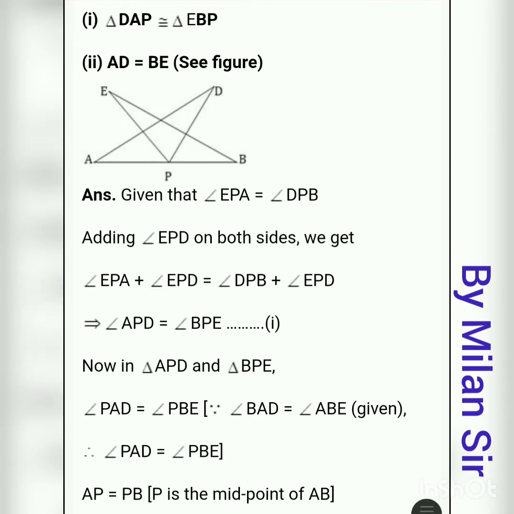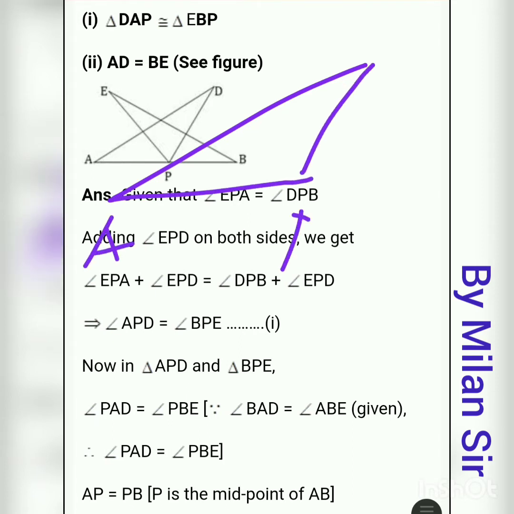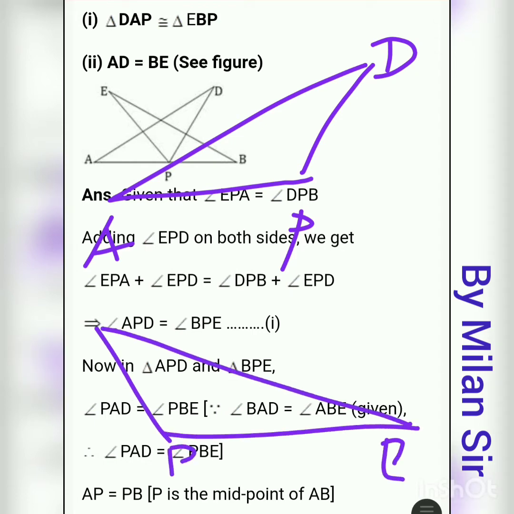Now again, just think about these two triangles. Here we have triangle APD, and here we have triangle PBE. It is already given AP is equal to PB because P is the midpoint. Angle BAD, that means angle A, is equal to angle B. This is even given, and in equation 1 we proved that these two angles are also the same.